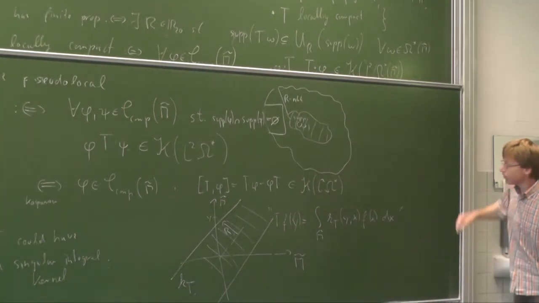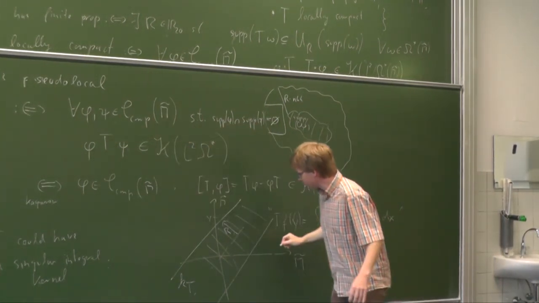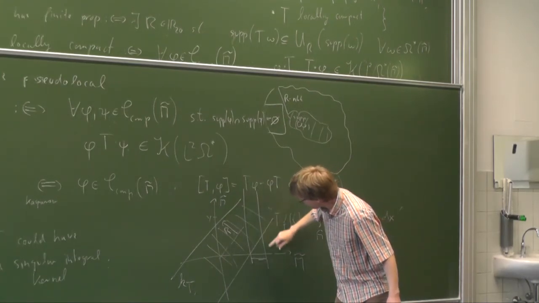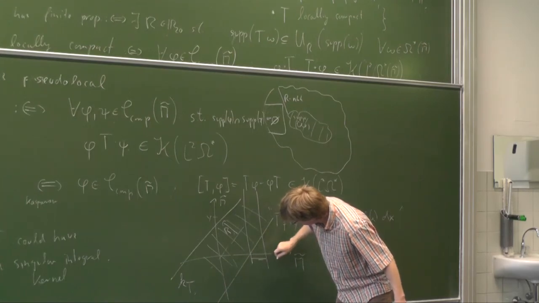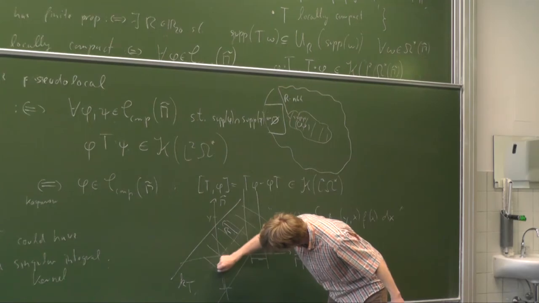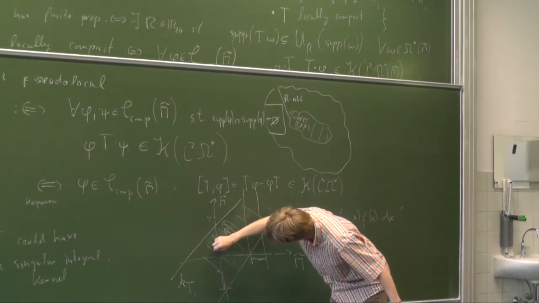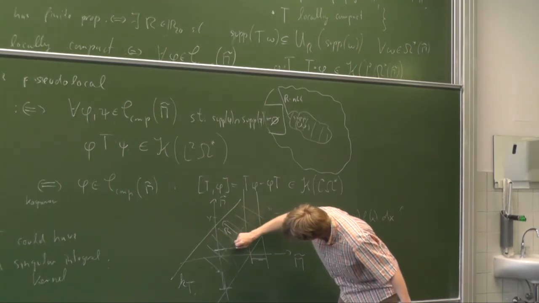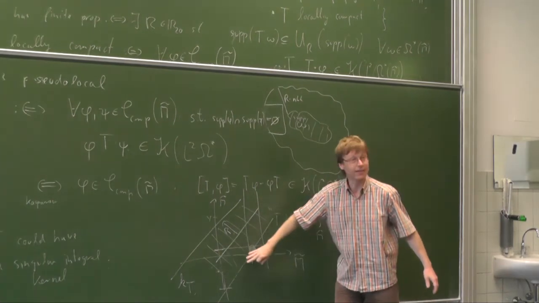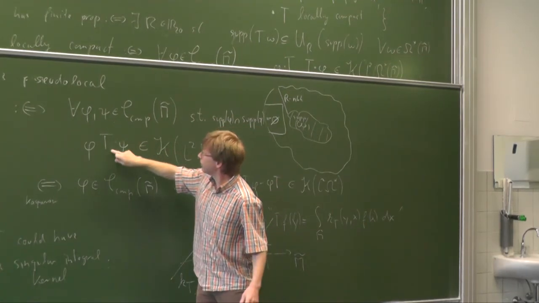And pseudo-locality is, if you think of this picture here, you're cutting out something in this direction, but then you pick a set which has disjoint support from that one, so it might be taken all the way here, and you cut out something like this corner, which is off the diagonal, with psi T phi.